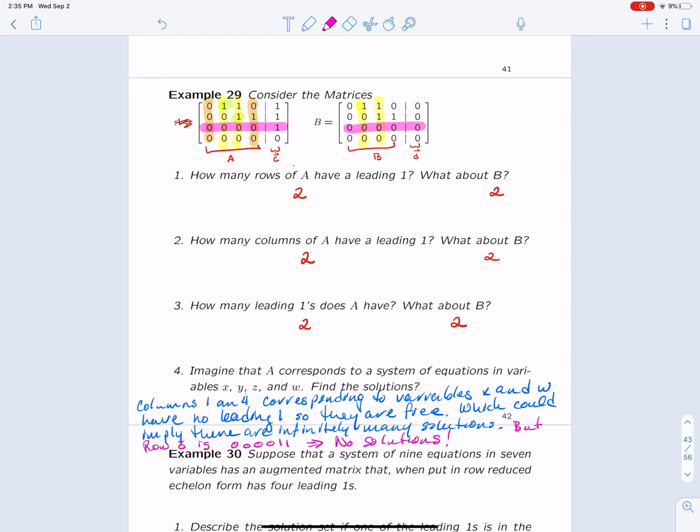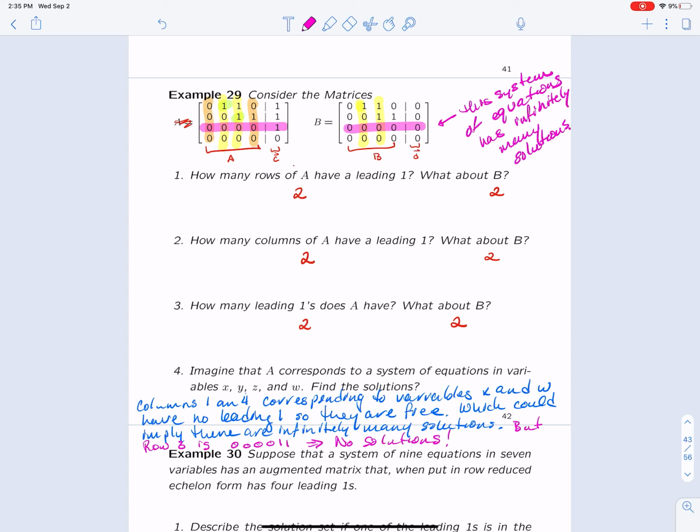So whereas in question number 4, columns 1 and 4 correspond to free variables of A, they also correspond to free variables of B. But when I'm looking at matrix A, this row of zeros followed by a 1 gives me no solutions, whereas this system of equations has infinitely many solutions.